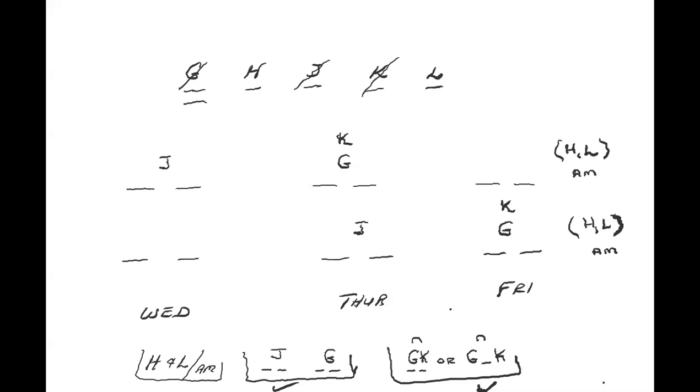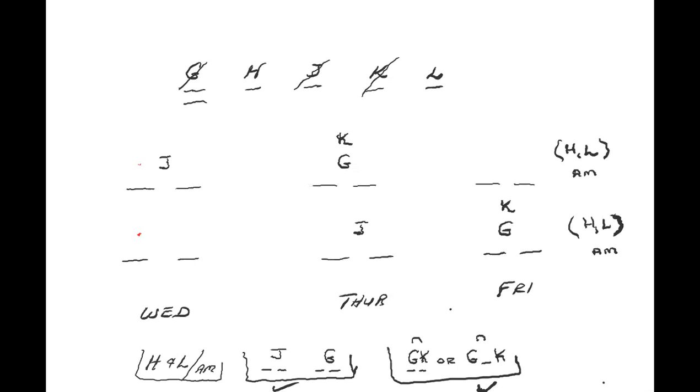Question number 19, K. And again, if I just look at this and say, where can K not be? It seems pretty clear to me without looking at the answers that K cannot be Wednesday morning, right? I mean, you could flip K into Thursday morning. You could flip K into Wednesday afternoon.